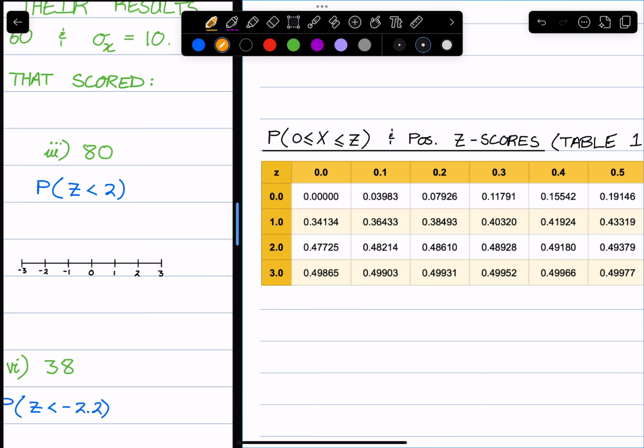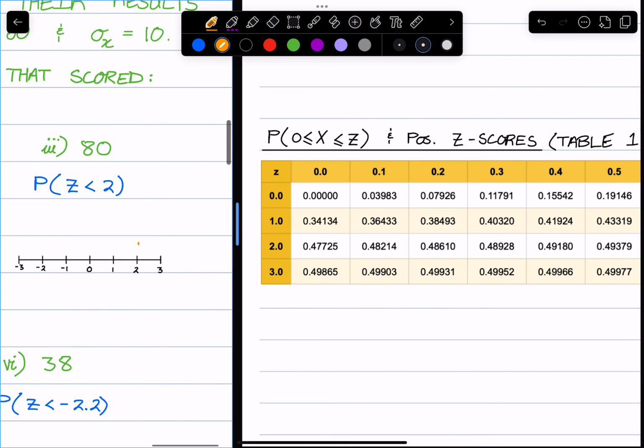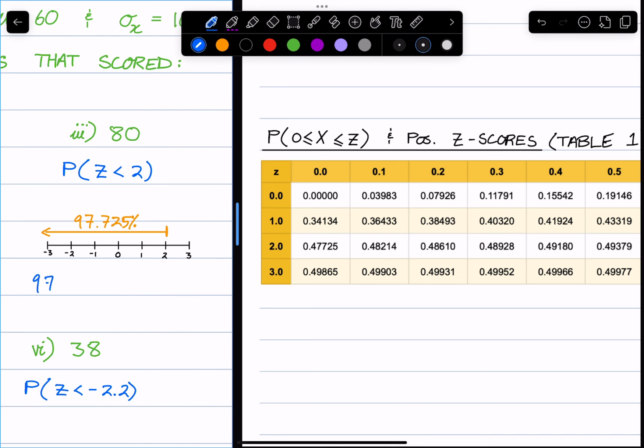So that's a rather simple calculation here. So z-score of 2, everything below that. Adding 50% to this should give us 97.725%. And so do that calculation, 97.725% times 1,000.